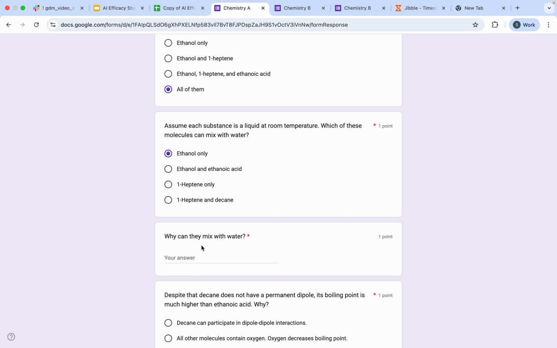Why can they mix with water? I am not sure, but it mixes easily with water because of hydrogen bonding. Okay.